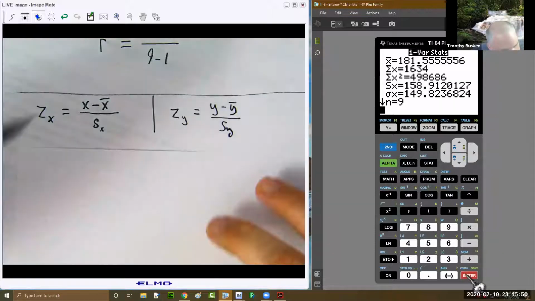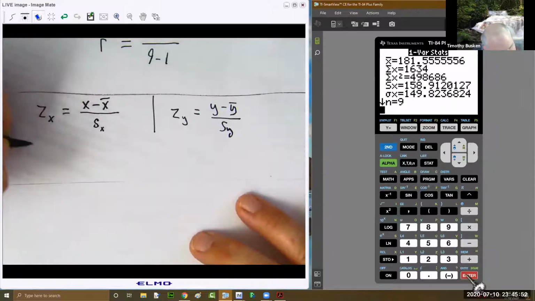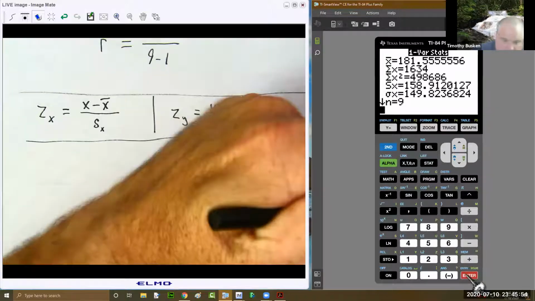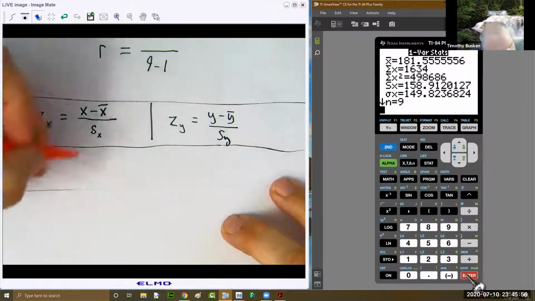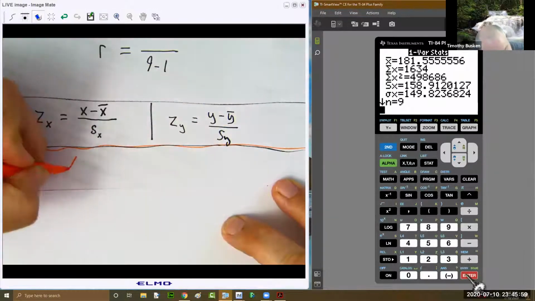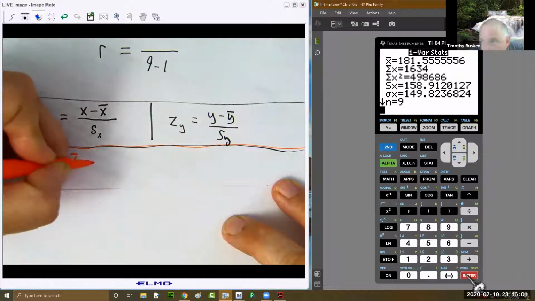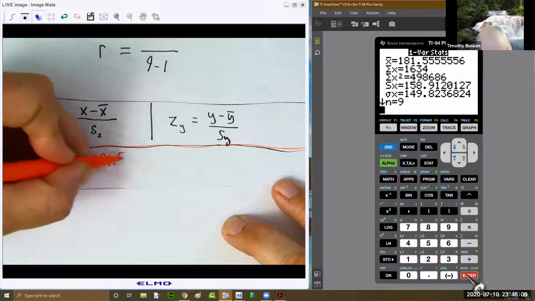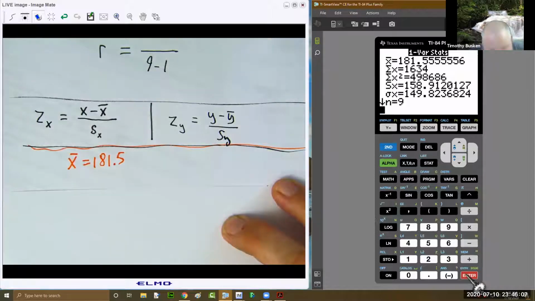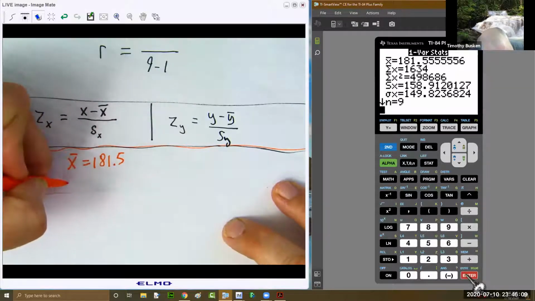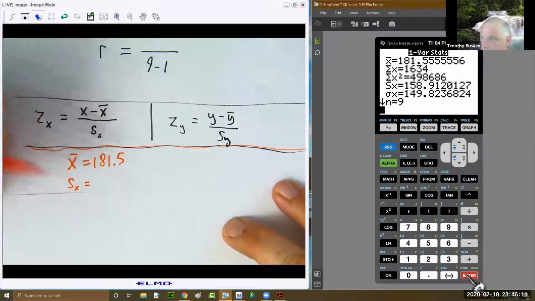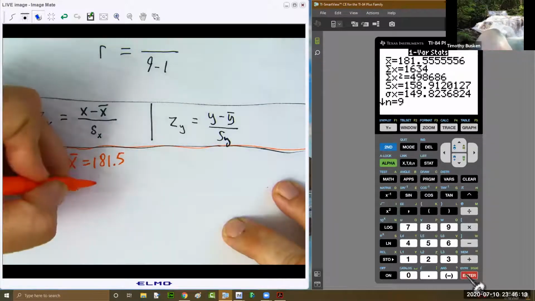Looks like x bar here is about 181.5, and the standard deviation for the sample of x values, sx, is roughly 158.9.